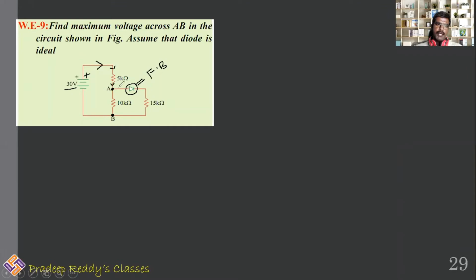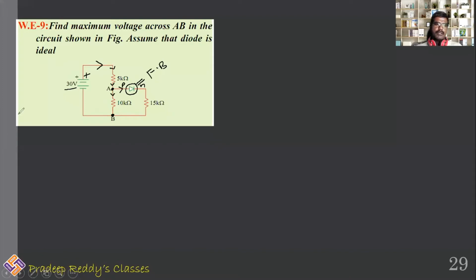That current will enter this junction diode as well as this 10 kilo ohm, because the 10 kilo ohm and 15 kilo ohm are both connected in parallel. Current passes through this junction diode from P type to N type. Therefore, this junction diode connected in forward bias acts as a switch.